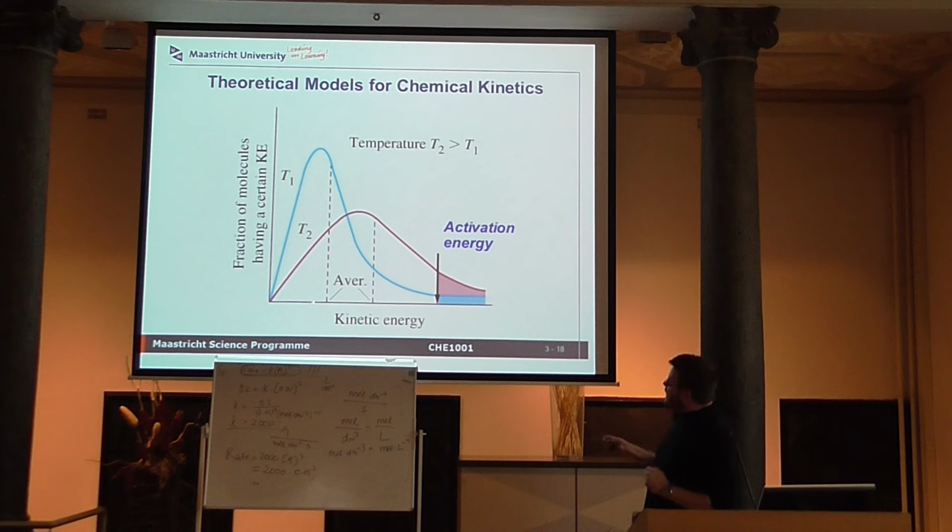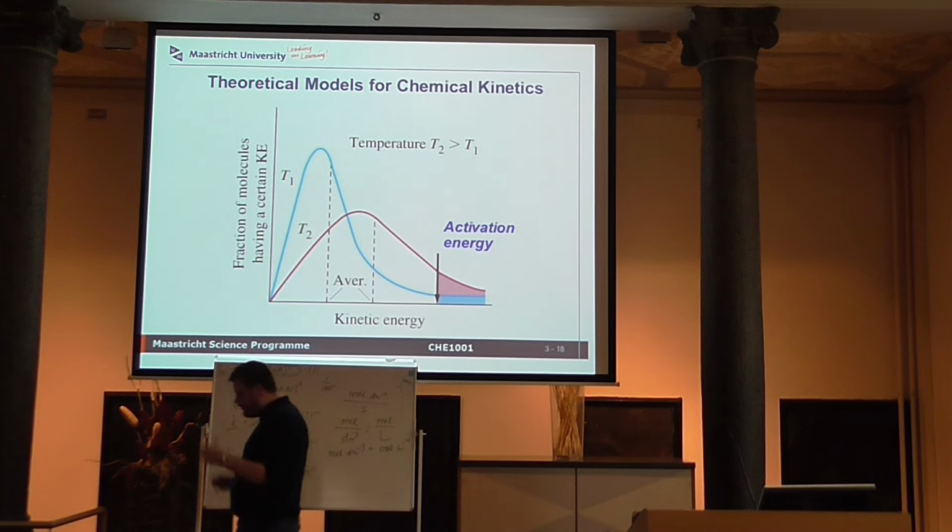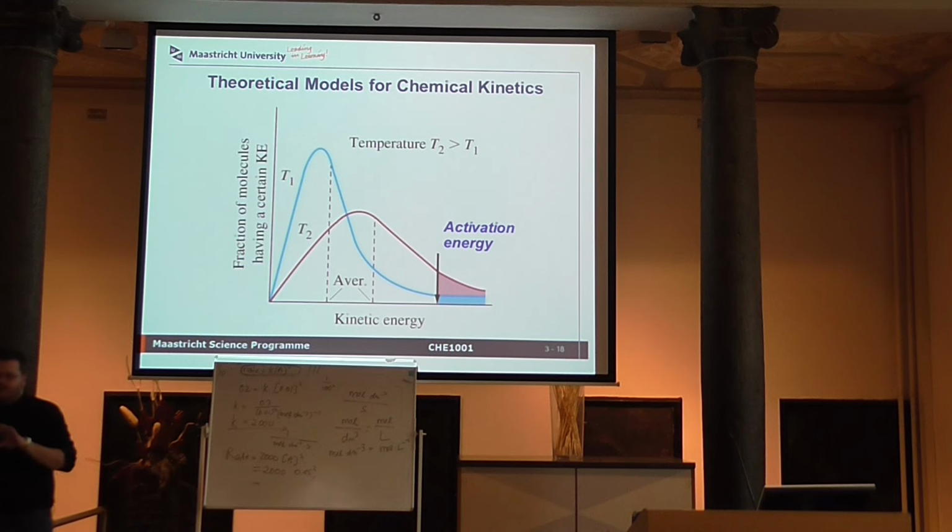Forget about the pink curve for a moment. You can clearly see that gas molecules have a preferred kinetic energy, but there's a distribution of kinetic energies. Now, if I increase the temperature, what's going to happen is this pink curve here.